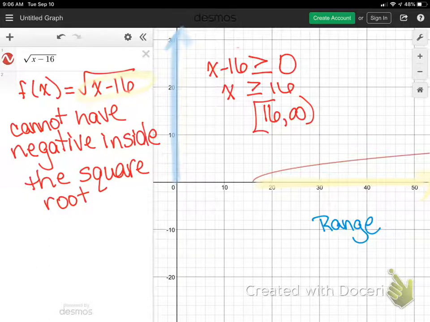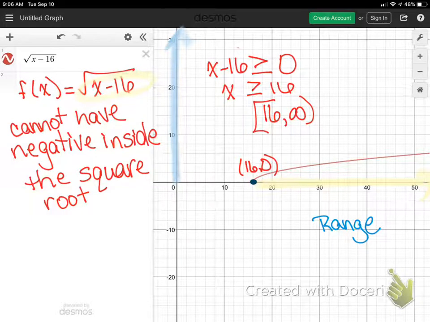So I'm going to focus on this point right here. When I'm focused on domain, I'm focused on my x value. When I am focused on my range, what am I focused on? Y value. So this point right here is 16, 0.